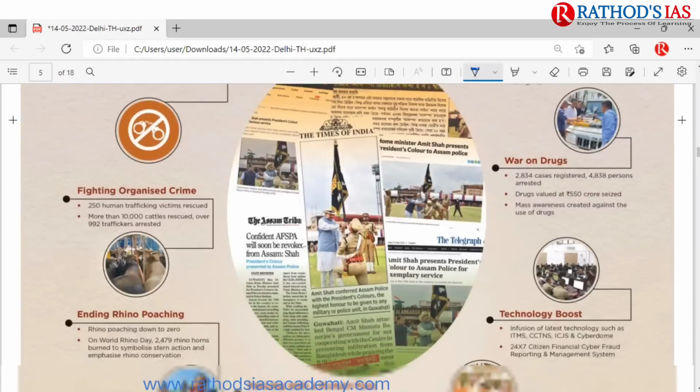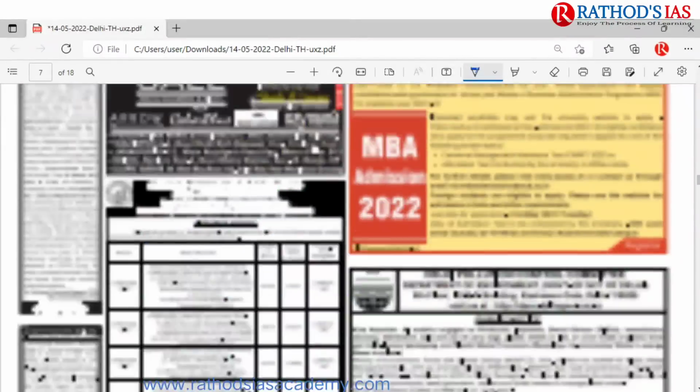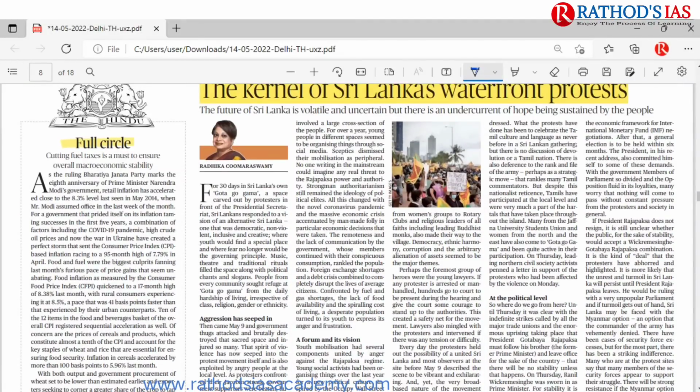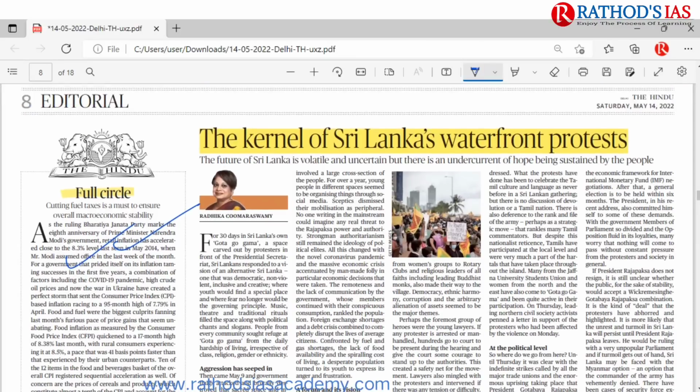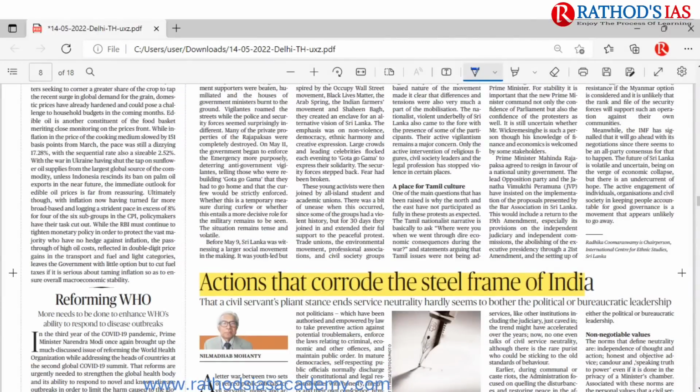And if you see the editorial page, we have a number of articles. The first one is regarding full circle, that is regarding economic stability. I discussed this topic. And the next topic is regarding the Sri Lankan crisis. I discussed this topic a number of times. And one more article is regarding the steel frame of India, that is about civil servants.